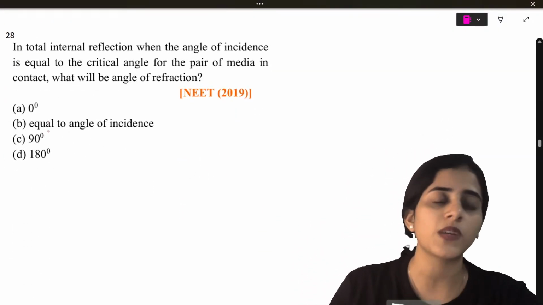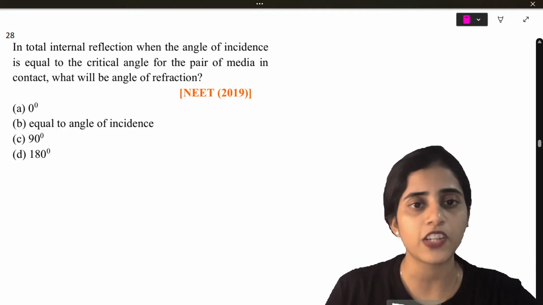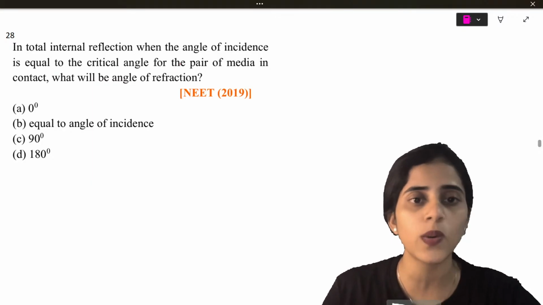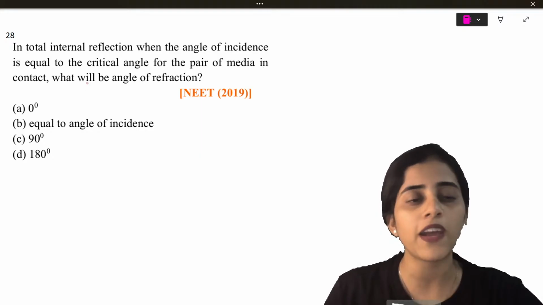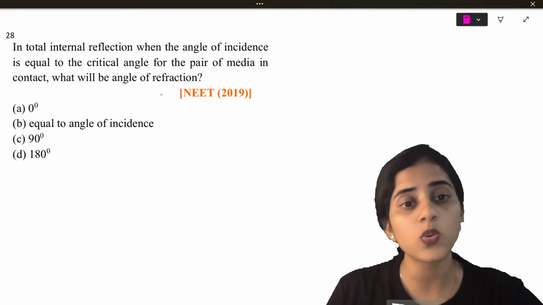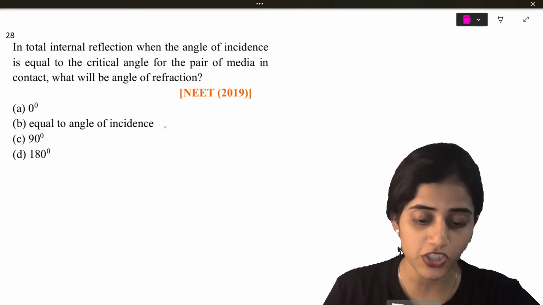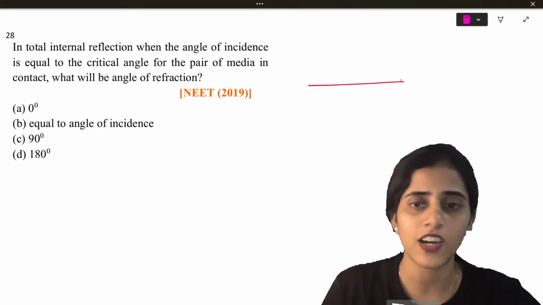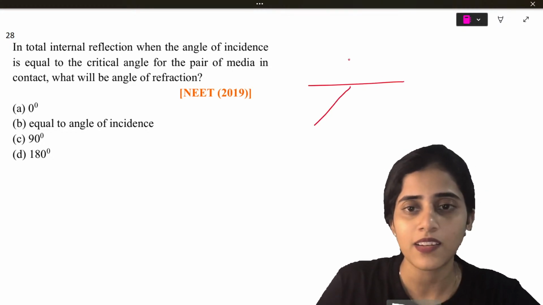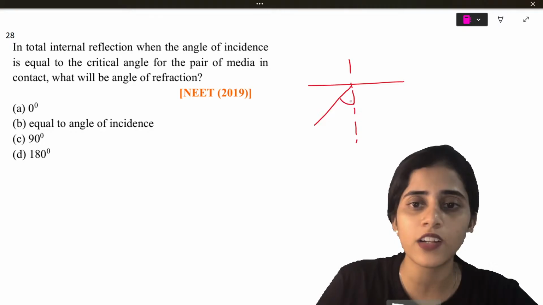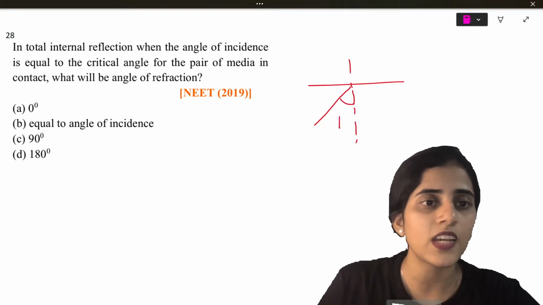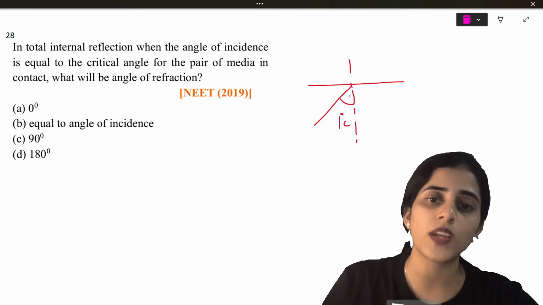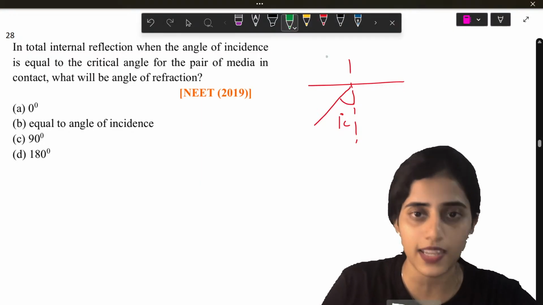Next question. In total internal reflection, when the angle of incidence is equal to the critical angle for the pair of media in contact, what will be the angle of refraction? This is a very famous diagram. I'll just draw a normal. The angle of incidence is equal to the critical angle.